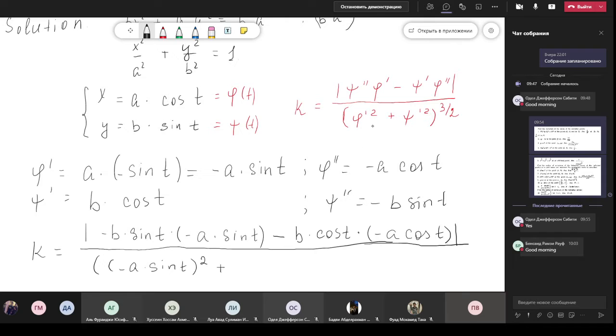Plus psi prime squared. Psi prime is b times cosine of t. And all of this squared. Close this bracket, with our degree 3 over 2.